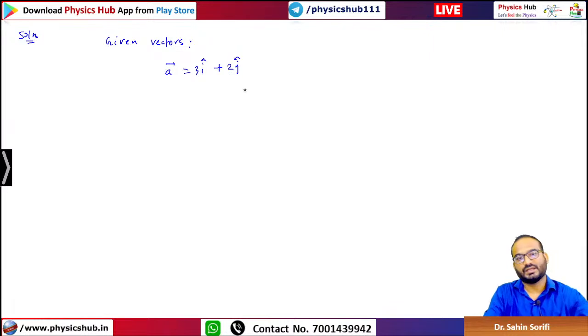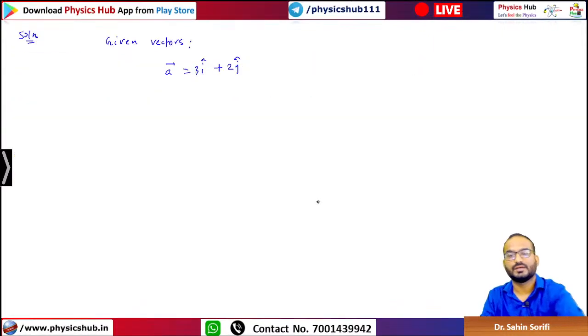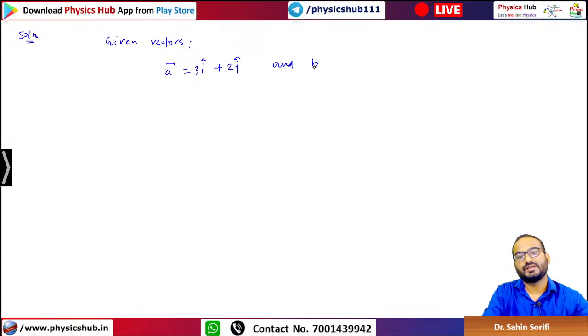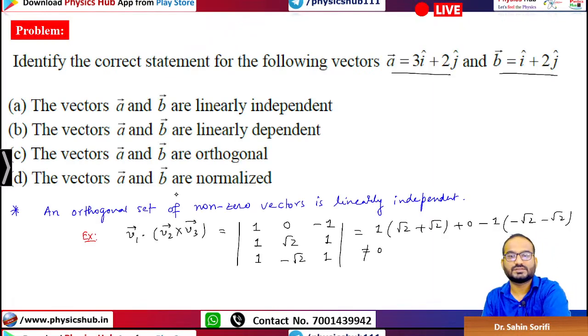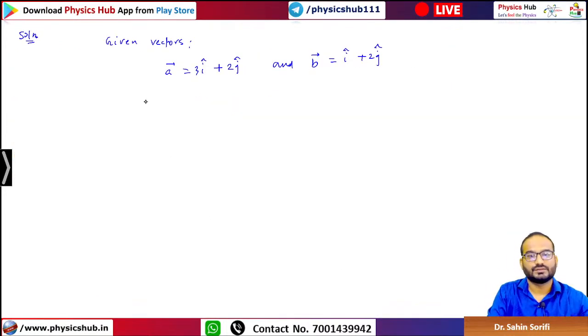We are given two vectors. A is given as 3i cap plus 2j cap, and B is given as i cap plus 2j cap. First of all, let's check whether A and B are normalized or not. Modulus of A is root over 3 square plus 2 square.